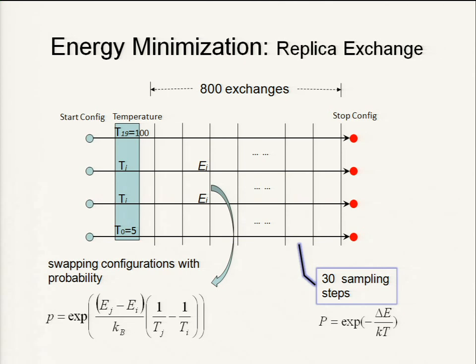In total, we have 800 exchanges from the start configuration until we reach the final configuration to get the stop structures. And those structures in the stop configuration are the final decoys we're going to generate from this CNFFolder.